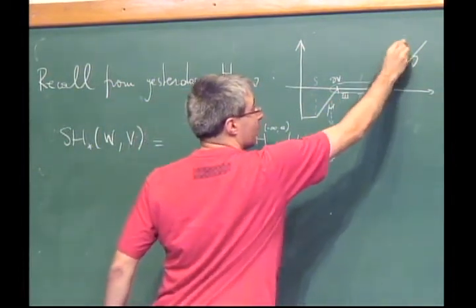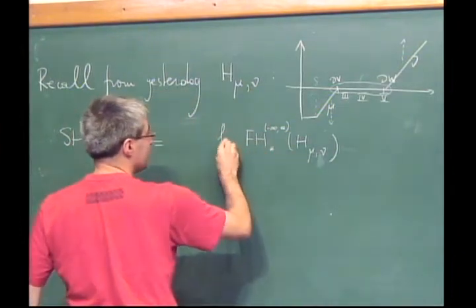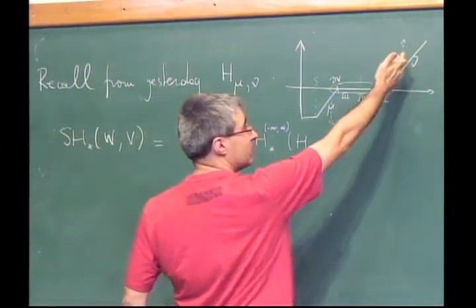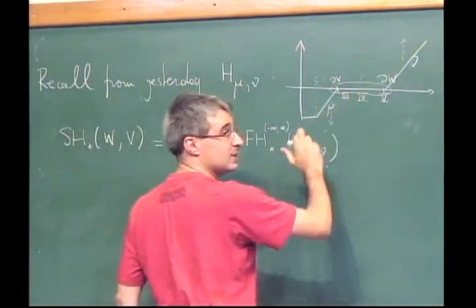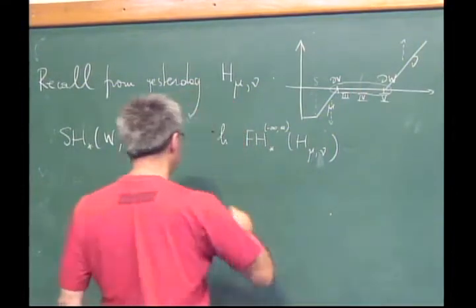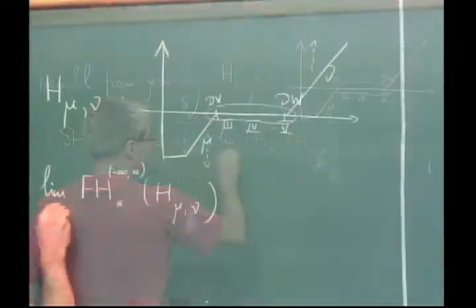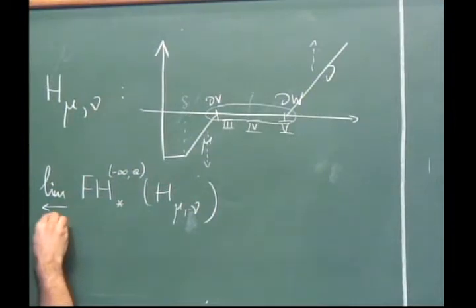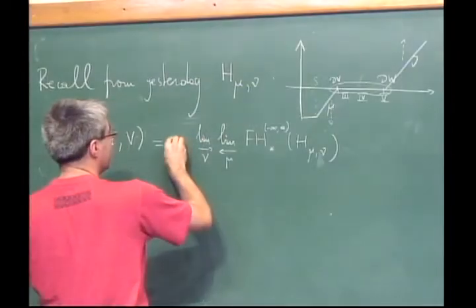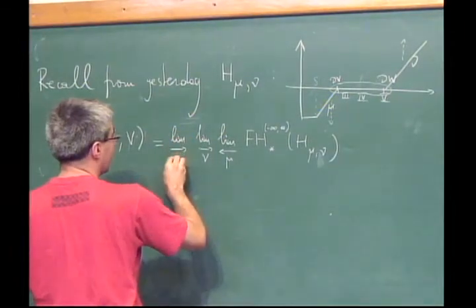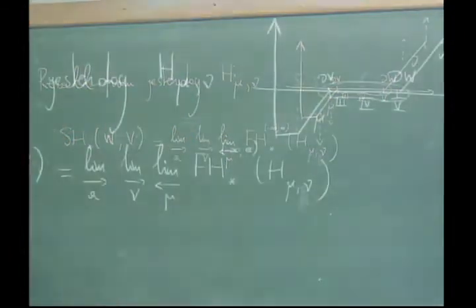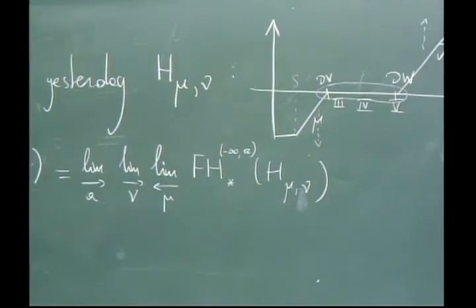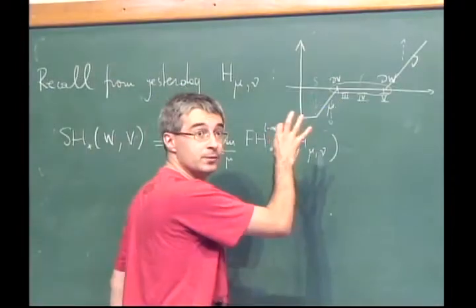This should go up, so because this goes up, it's going to be a direct limit. This goes down, it's going to be an inverse limit. So you take first the inverse limit along mu, the direct limit along nu, and then the direct limit over A. And this is going to do the job. It's going to see what you wish.